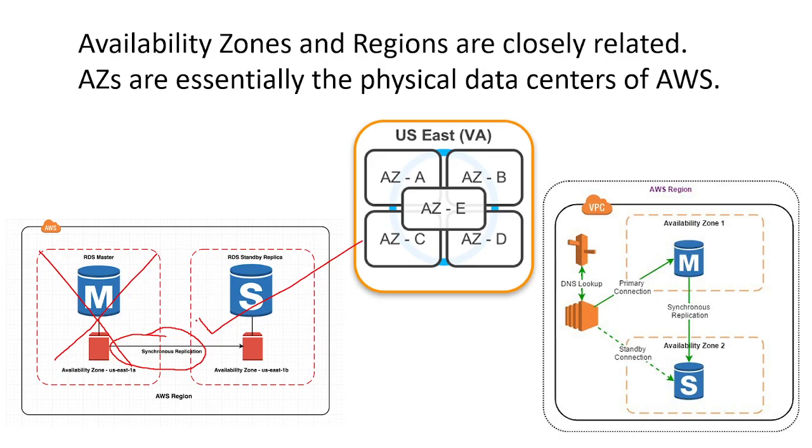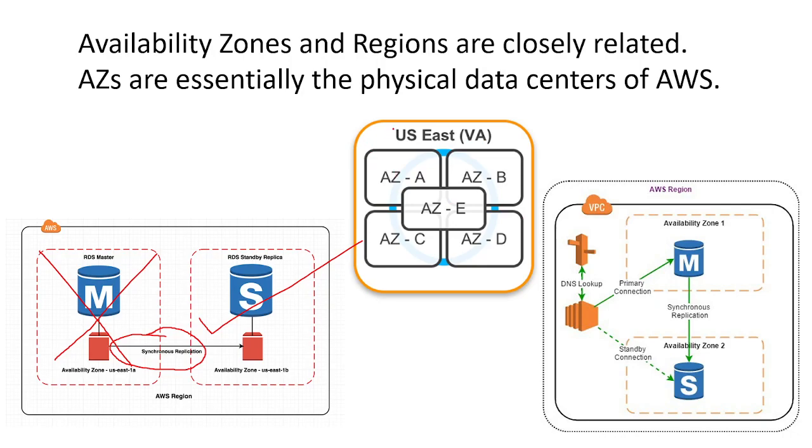So remember, when you design your architecture, always use multi-AZ for high availability and resilience purposes. The same goes for the read replica. This is where the async replication happens. And these are the AZs I was talking about.